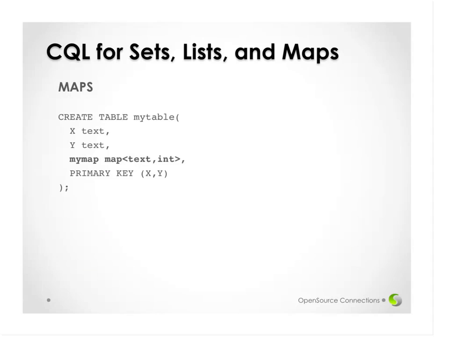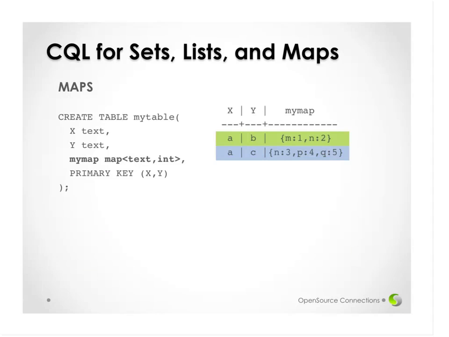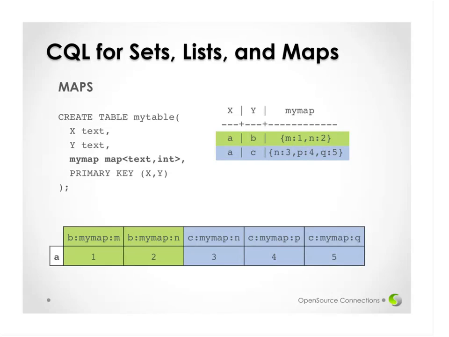And finally, with maps, this is fairly straightforward. I have two examples here, and this is going to correspond to one internal row with two sections, green and blue. And pretty much the key for the maps gets stored, concatenated to the end of the internal column name.